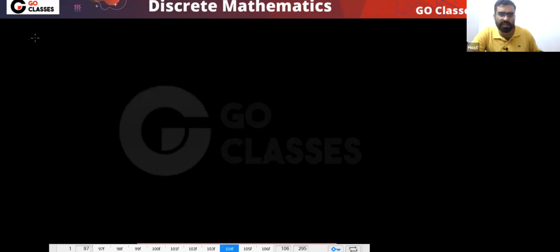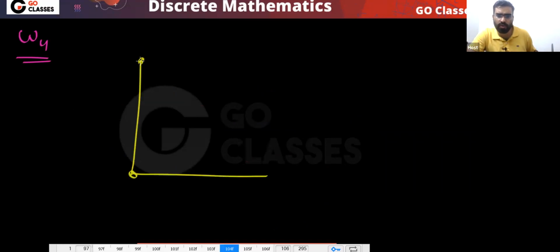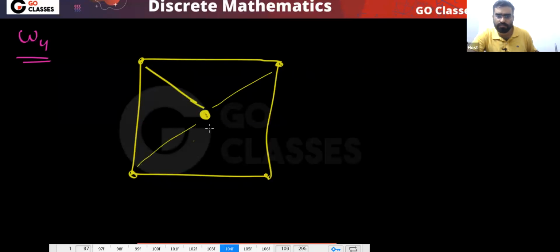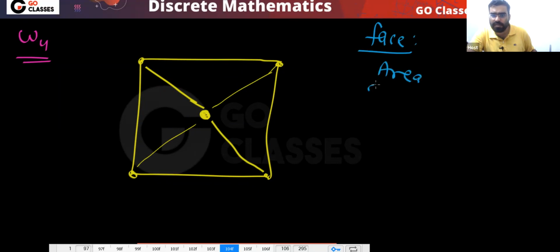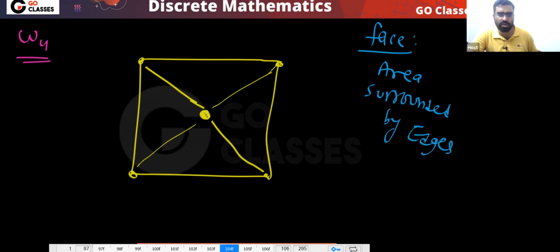Now tell me, in this W4, how many faces are there? This is your W4. Face means an area surrounded by edges.